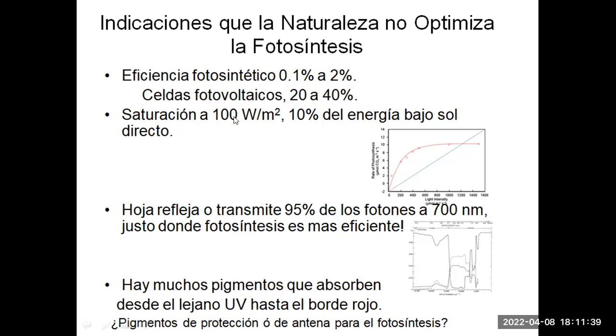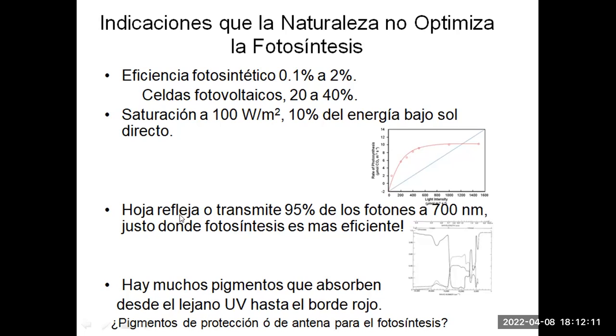So this is less than 10%, but we get a saturation in photosynthetic production, the storing of energy into carbon covalent bonding. Photosynthesis saturates as we get to higher intensities of light. So we see we get very quickly to a saturation point at about 100 watts per square meter, which is much less than the energy that the sun is giving.